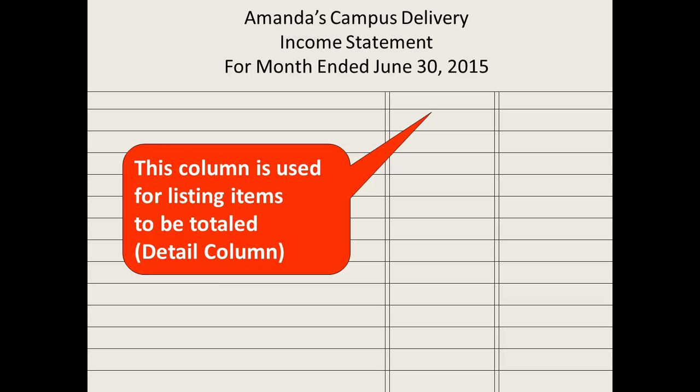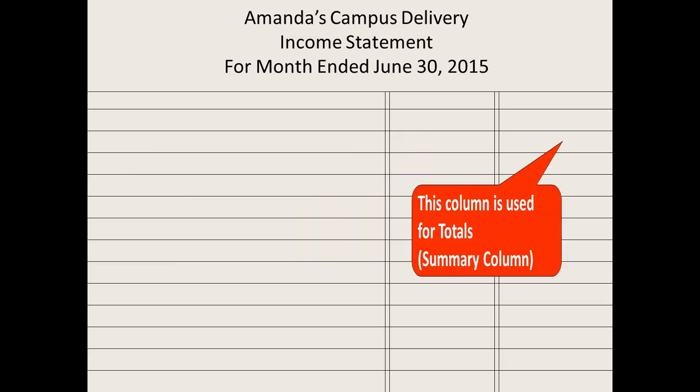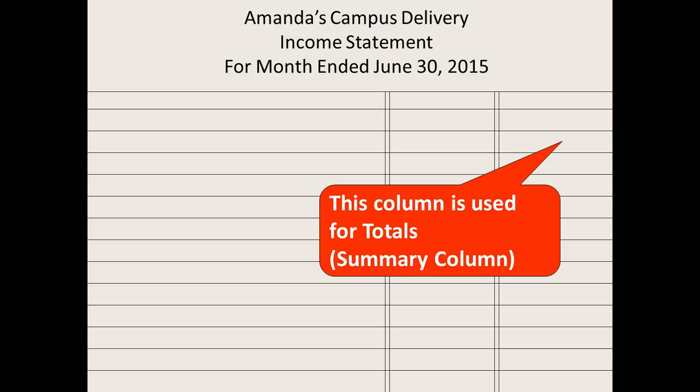The first number column, the left-hand column, as we discussed in the previous PowerPoint, is used for details, listing numbers that need to be totaled. And the right-hand column is going to be used for the totals, for the summary column. If you're using your own accounting pad paper and you have more than 2 number columns, then the other number columns will just be blank.